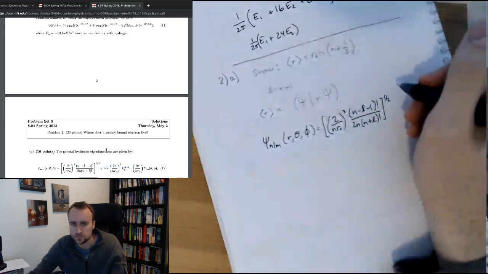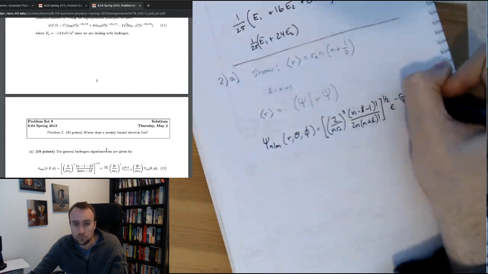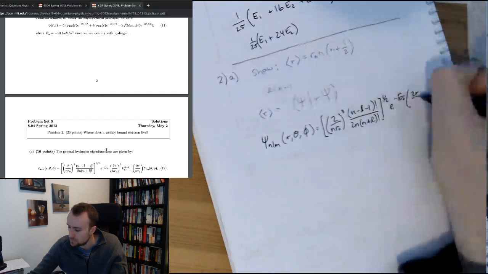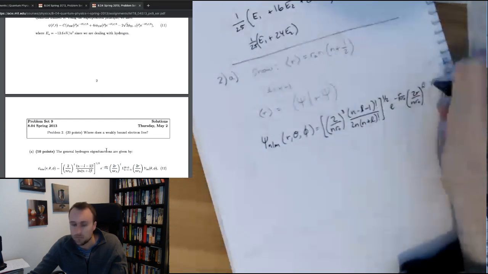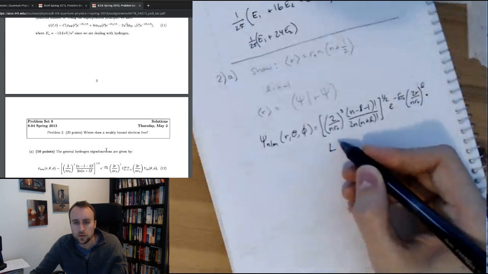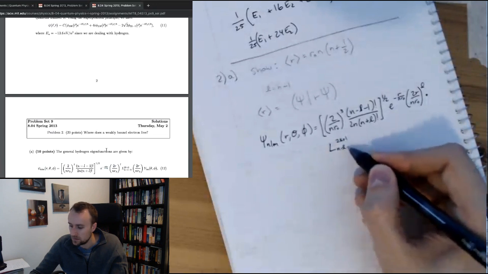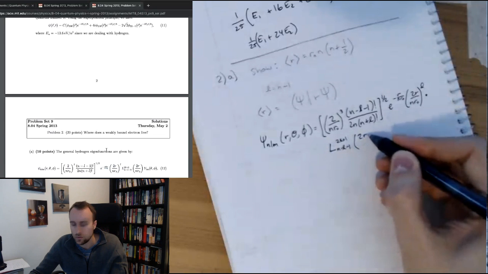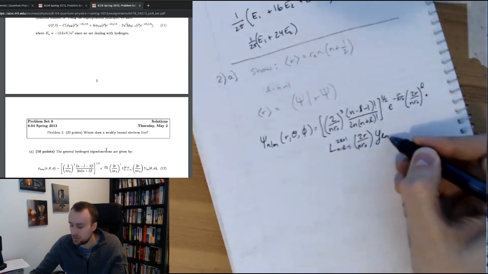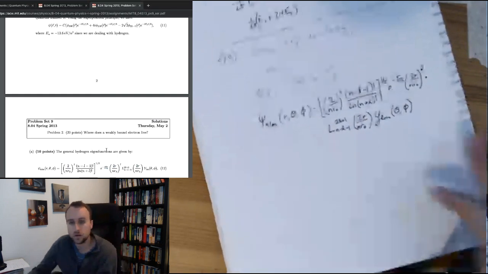Okay. Times L, 2L plus 1, Y M I. Yikes. Okay, that's a bit of a mess here.